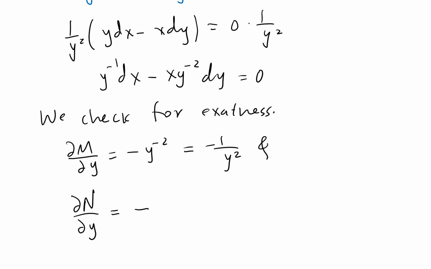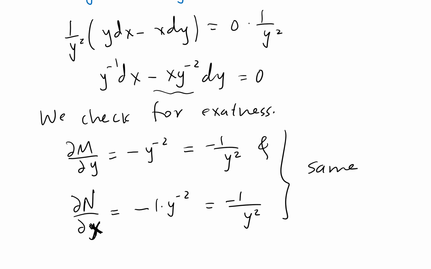Here the x, the derivative of x with respect to x is 1, and the other one stays the same. So the answer is negative 1 over y squared. These two are the same. So that shows us this is an exact equation now after we multiplied by the integrating factor.